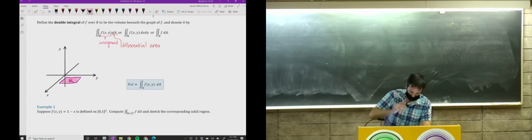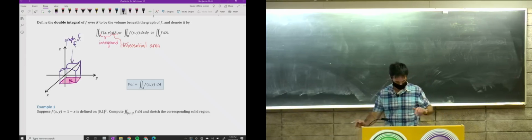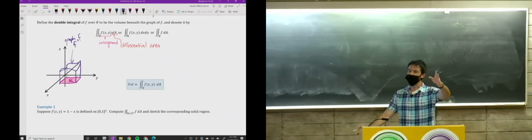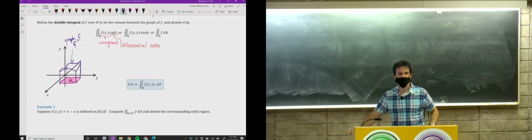So its graph lives somewhere on top of R. Let's say something like this. Okay, so let's say that that curvy surface is the graph of f. Then the volume beneath that surface, but above the xy plane, is the double integral.